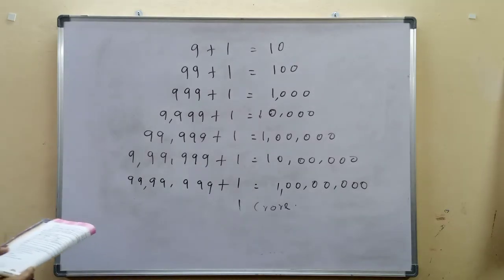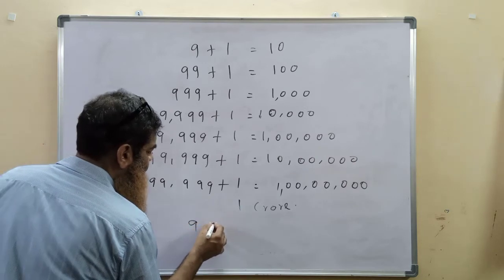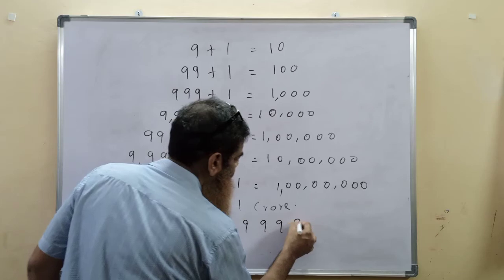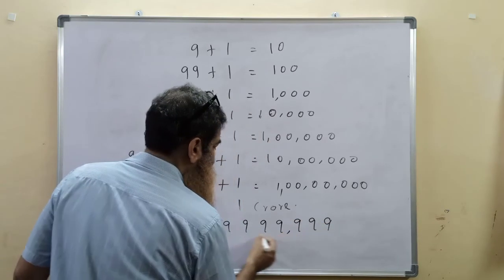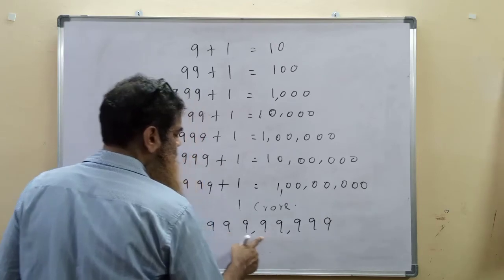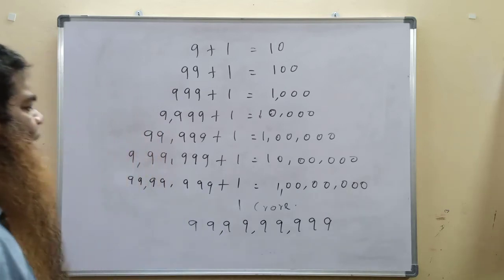How will you get the greatest 8 digit number? Simple, as we have been doing here. Put all the nines. 5, 6, 7, 8, 9. We have 9 nines here. Comma after 3 numbers, comma after 2 numbers, then comma after 2 numbers. Then this is 99 crores.